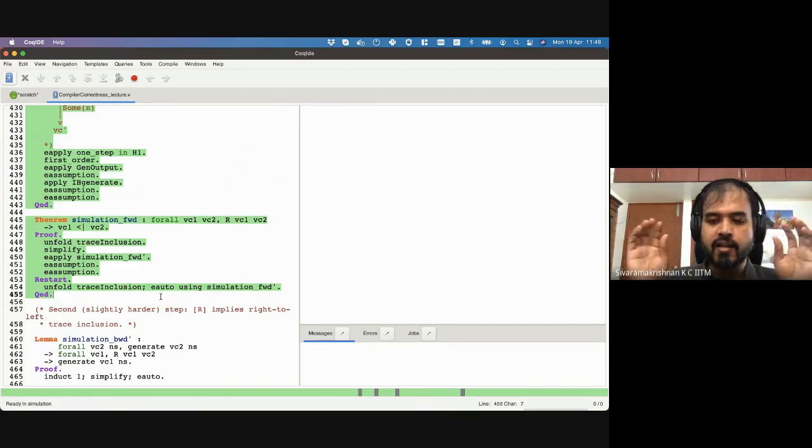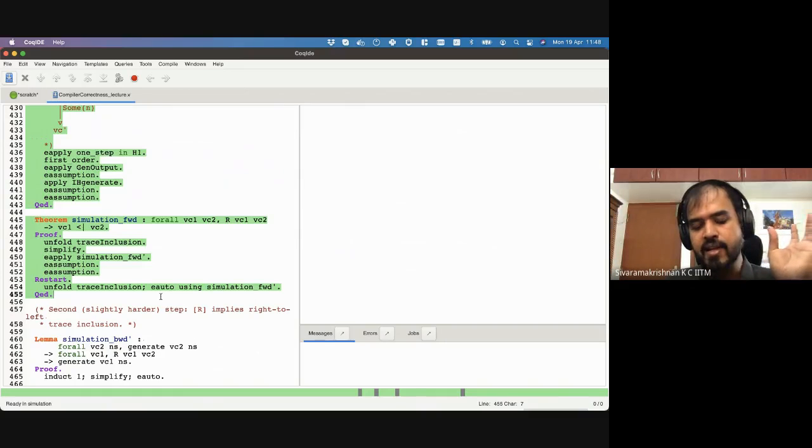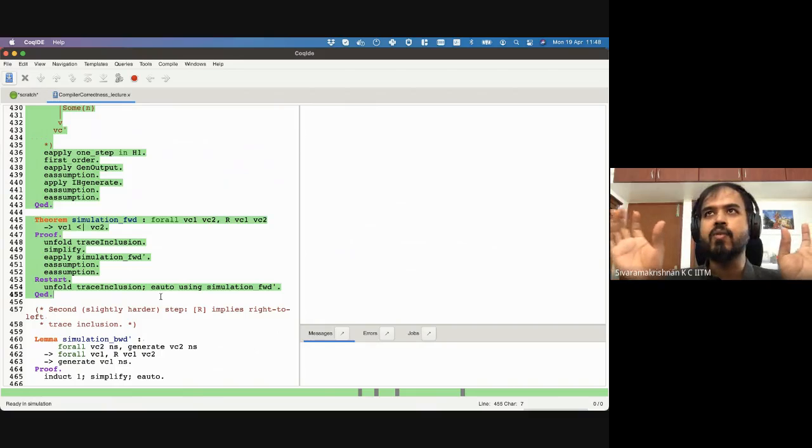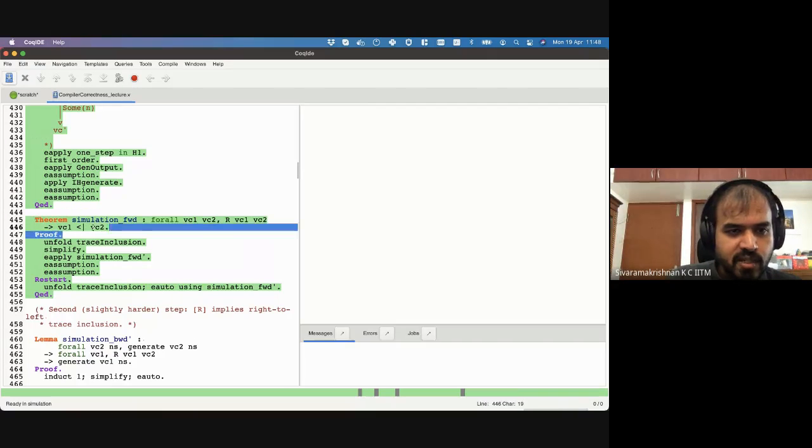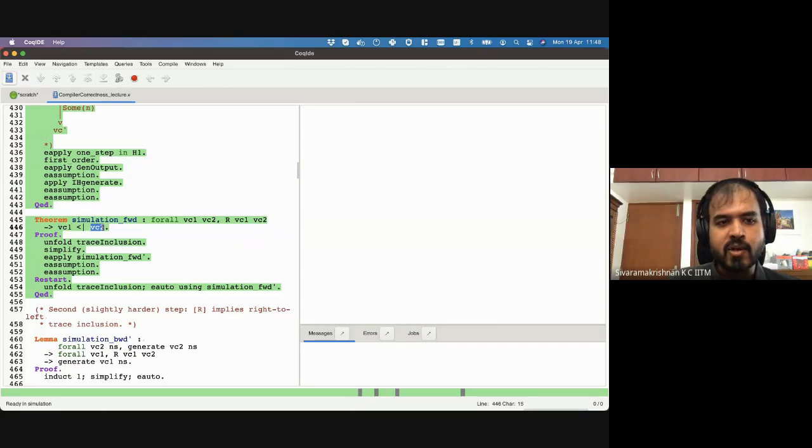And eventually we are going to use it as: every trace that is generated by the unoptimized program is at least generated by the optimized program, right? The optimized program can have more traces. This inclusion is a subset, right? It only says that if a trace is produced by VC1, then it is produced by VC2.